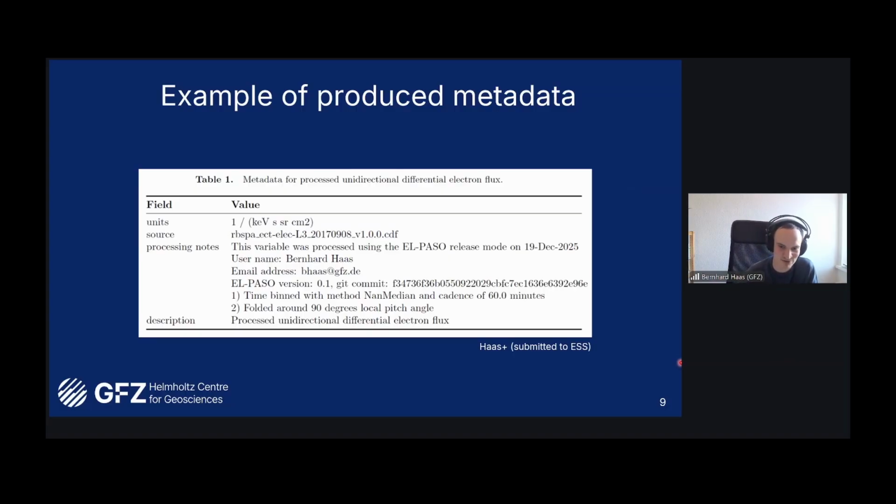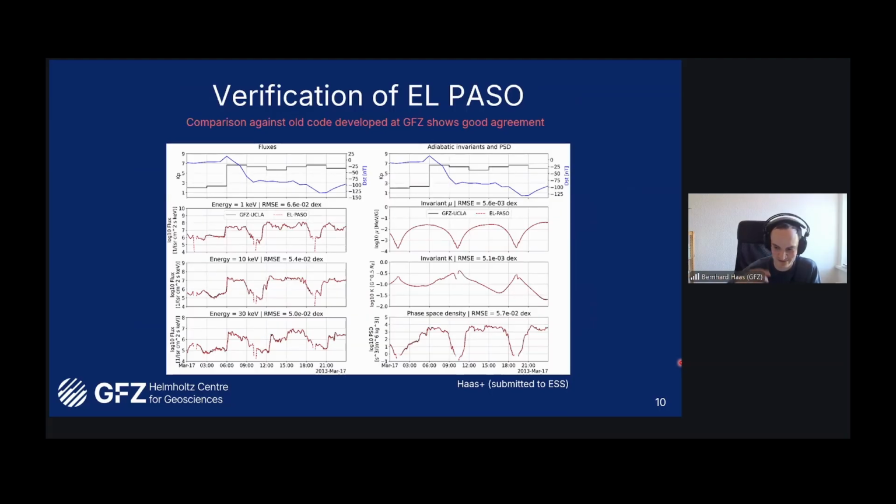It tells you when the data was processed, who processed it, and also which version of El Paso was used, and you get the git commit hash, so you can go and take a look at which code was really used to process this data. And then it also gives you an overview of which processing steps were performed on the raw data to get this final product.